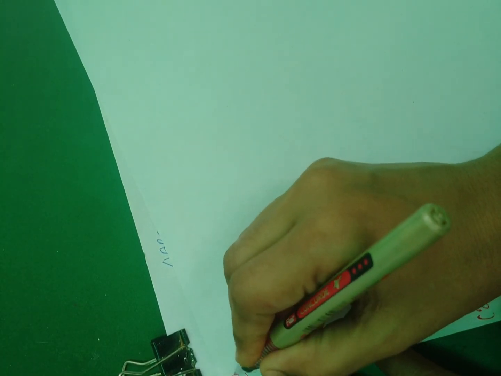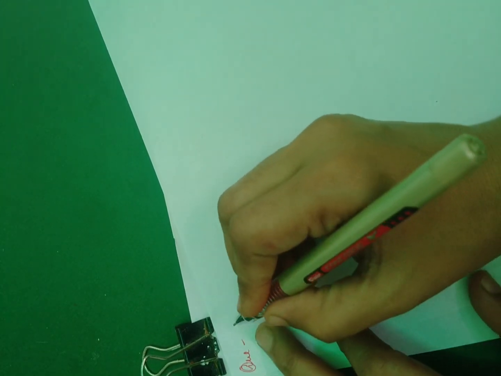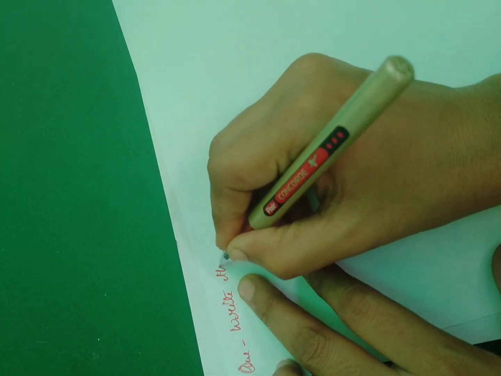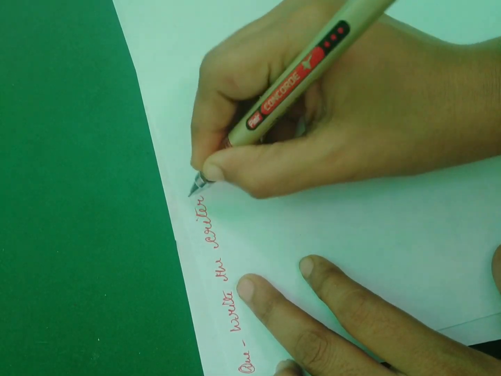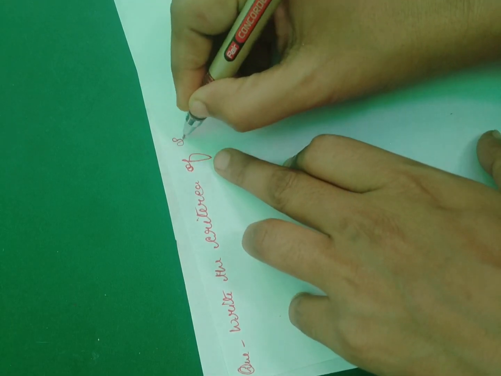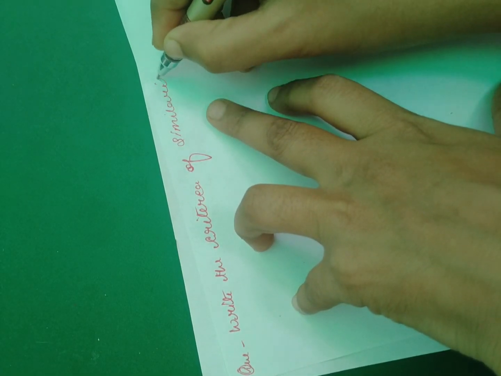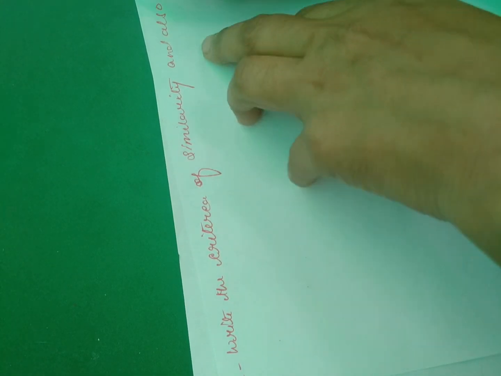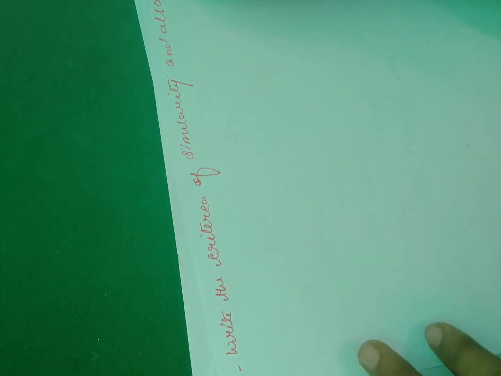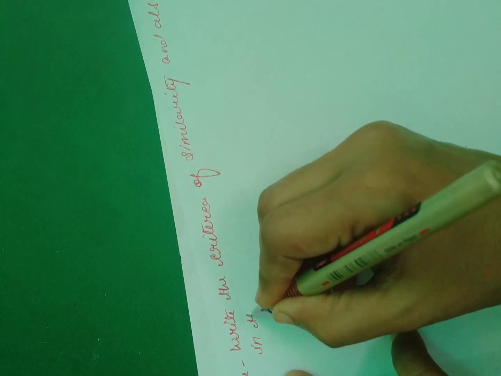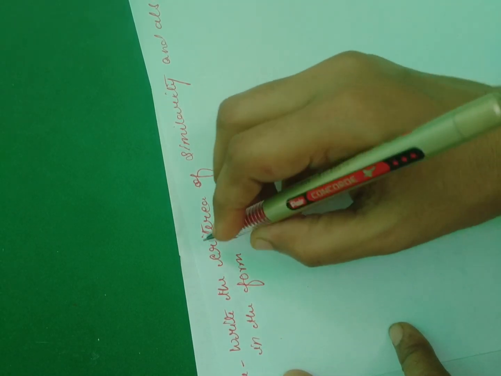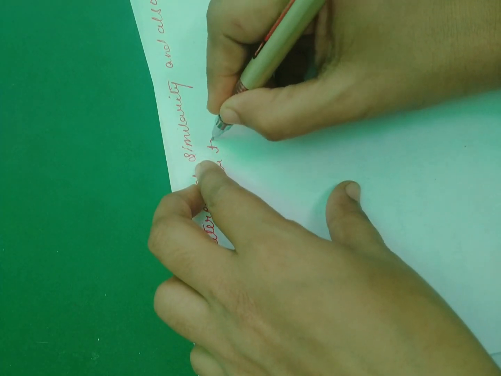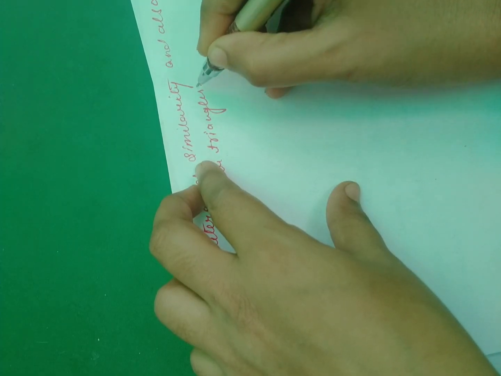Question 1 is: write the criteria of similarity, and also write it in the form of similar triangles.